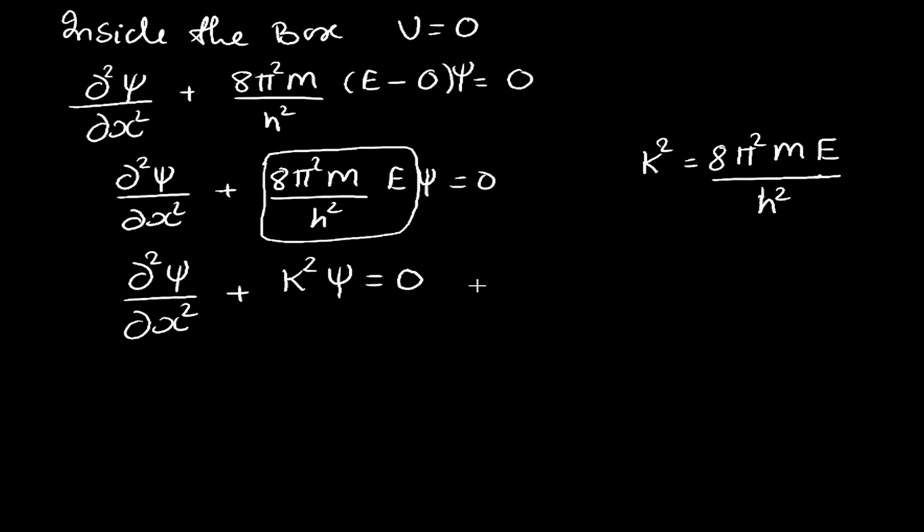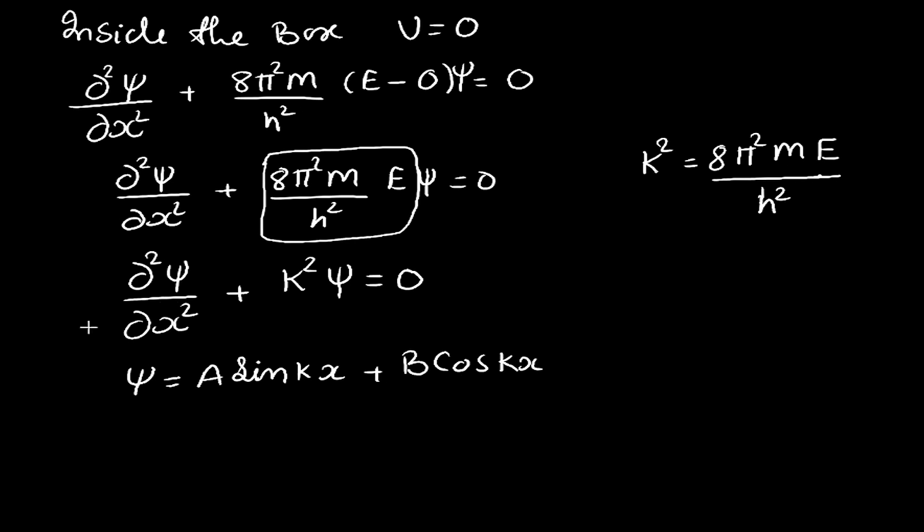Now this is a second order differential equation, and there are several solutions for the second order differential equations. We are interested in the solution which is most suited to us, and hence the solution, that is psi is equal to a sin kx plus b cos kx.